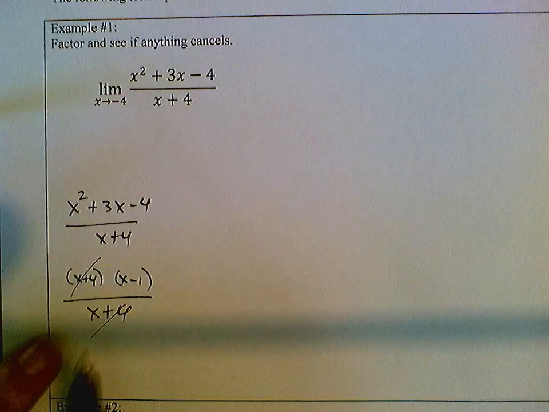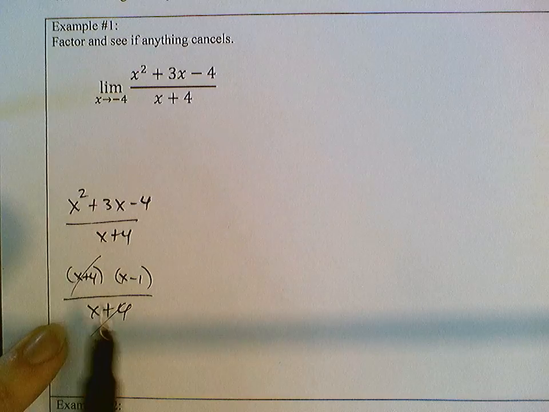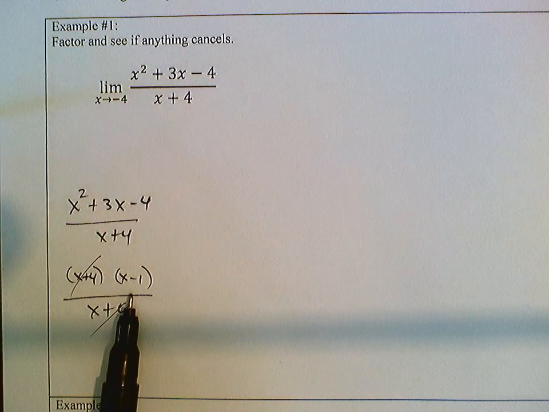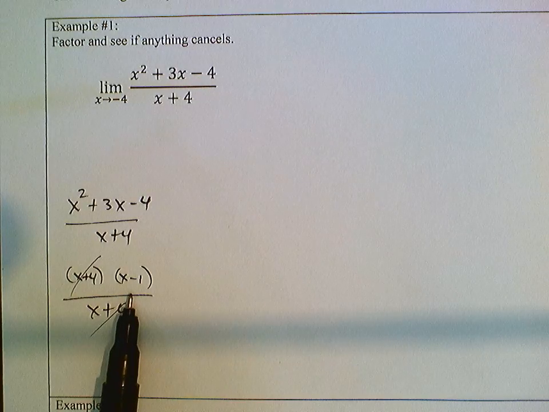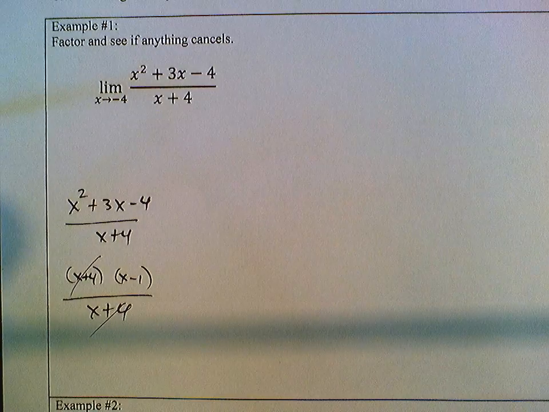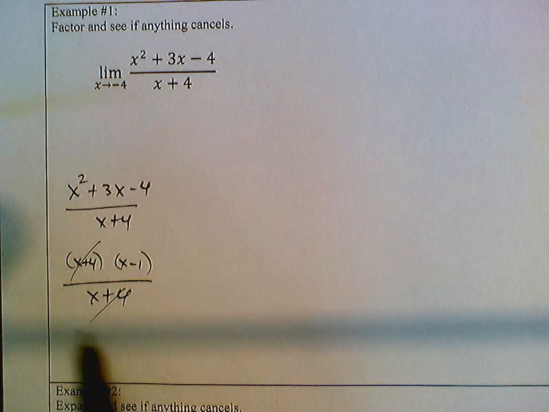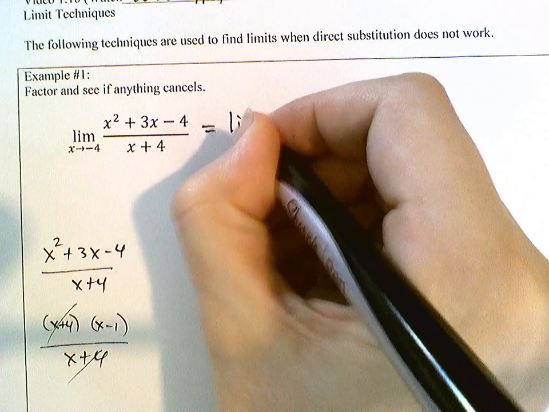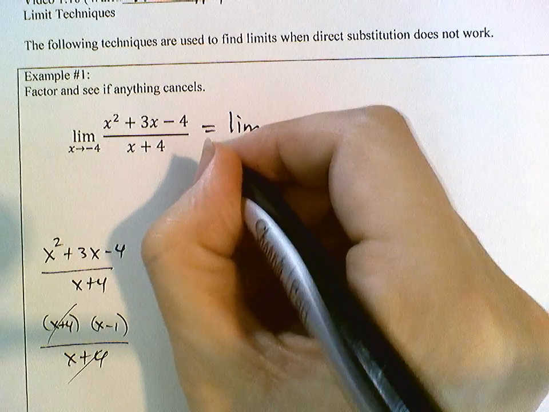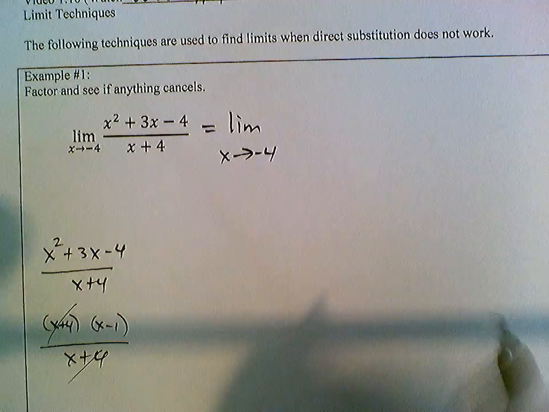So now that I have taken my expression and rewritten it as an equivalent expression that doesn't give me a problem when I plug in -4, I'm going to go back up to the beginning. And as long as you have this work shown in a margin, then you could jump right to the next line, which would be the limit as x approaches -4.